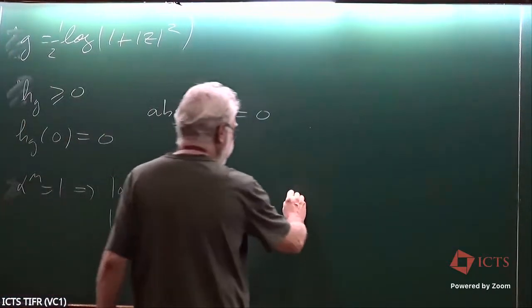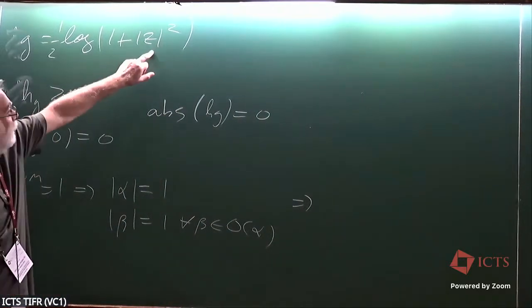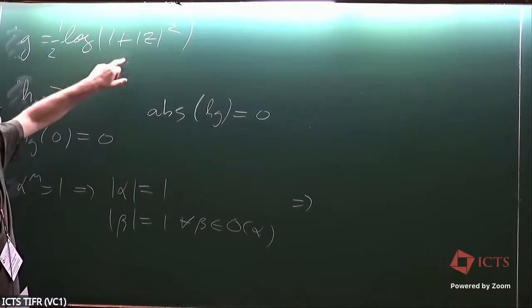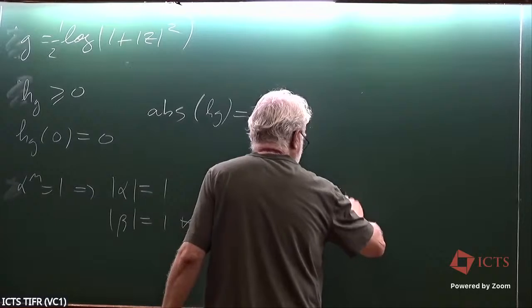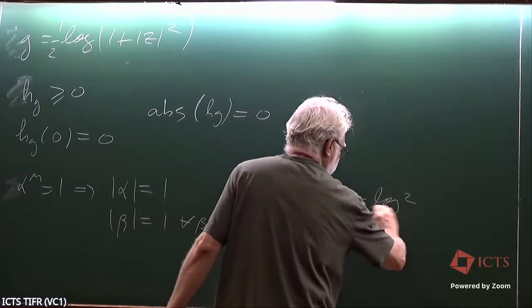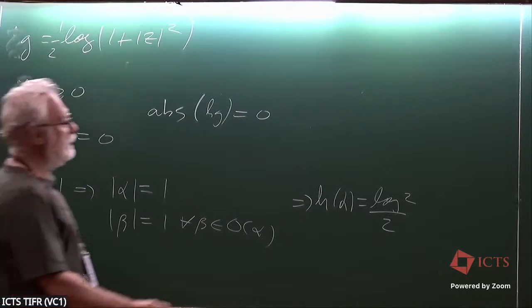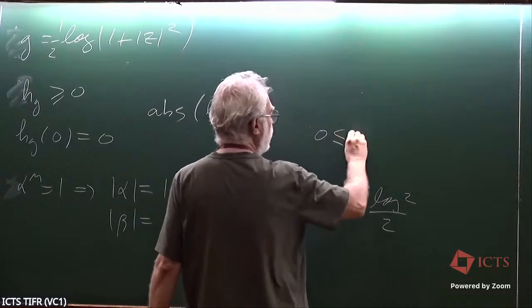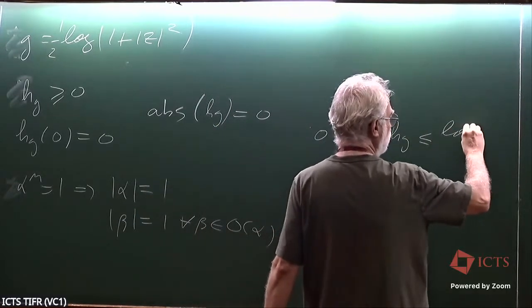So now the value here, if the absolute value of z is 1, I get 1 plus 1 is 2, so log of 2 divided by 2. And then the height of alpha is log of 2 divided by 2. So I get an infinite set of numbers whose height is log of 2 divided by 2. So for the moment, the only thing I can say is that 0 is smaller or equal than the essential minimum of this h_g, and this is smaller or equal than log 2 over 2.